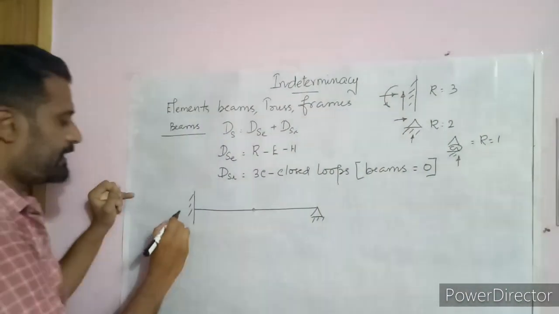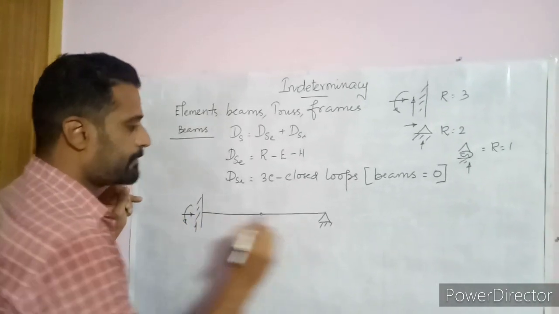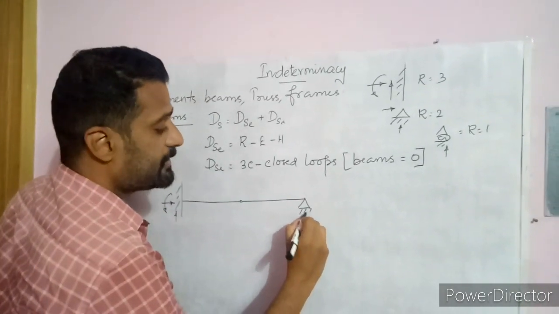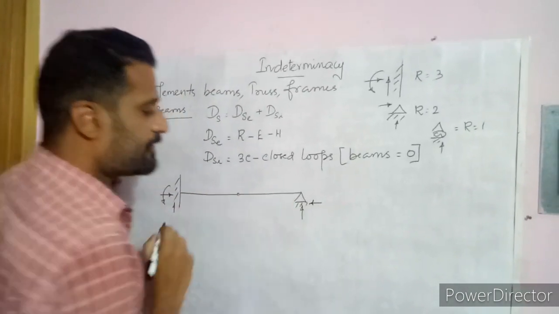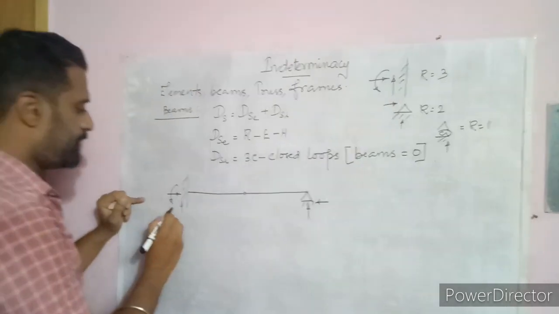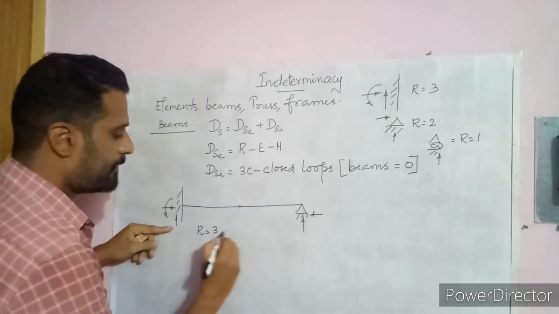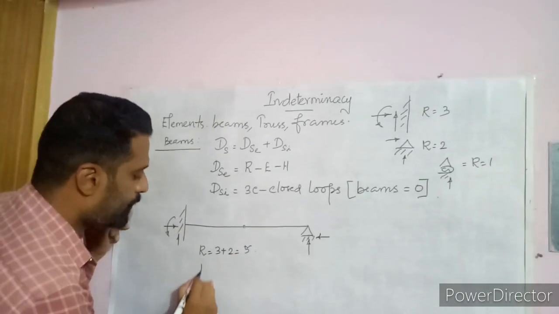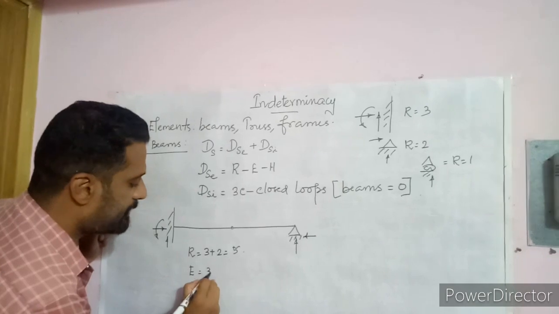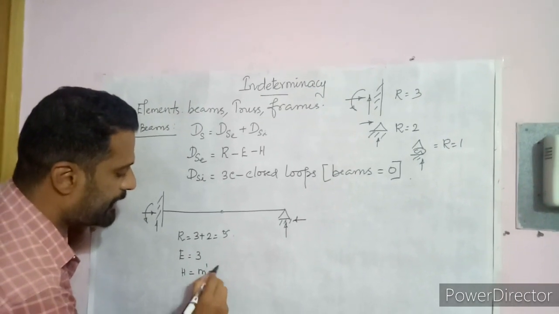So here you can see it is a fixed support. So what are the responses? There are 3 responses in a fixed beam. In case of the hinge, it's a simply supported, it has an upward force and it will resist the horizontal force. So what is the total number of reactions? Reactions is 3 plus 2, which is 5. And what is the possible equilibrium equation? It is 3. And for calculating H, the formula is m dash minus 1.